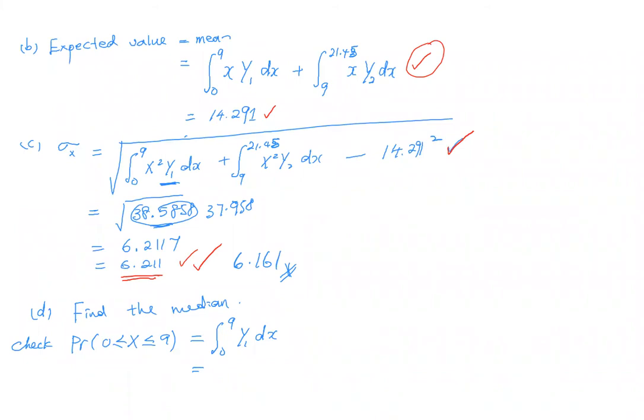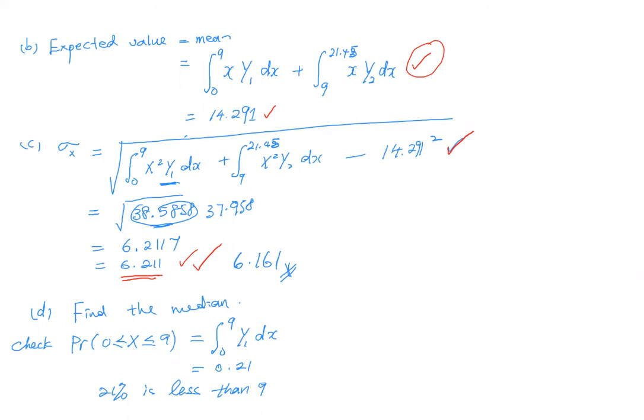If anyone knows how to write your program into the calculator, correct? Actually, you can do so. Yeah, 0.21. So this means that 21% is less than 9. Okay, so that means the median is in the second region.